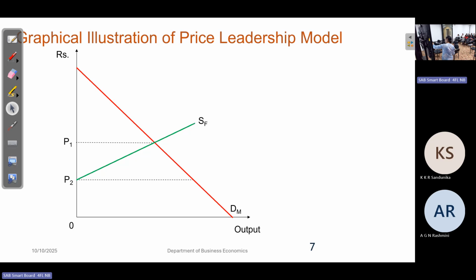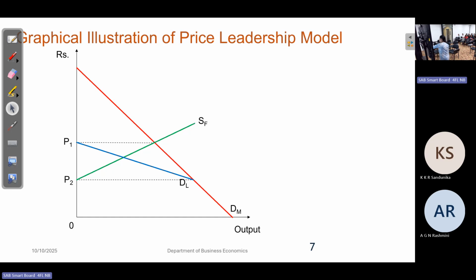So can the leader supply anything under P1? No. The entire market demand is supplied by the followers. Then what is the demand for the leader at P1? Zero. So that's why at P1 the demand is 0.